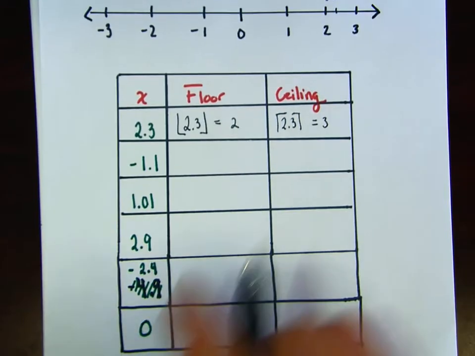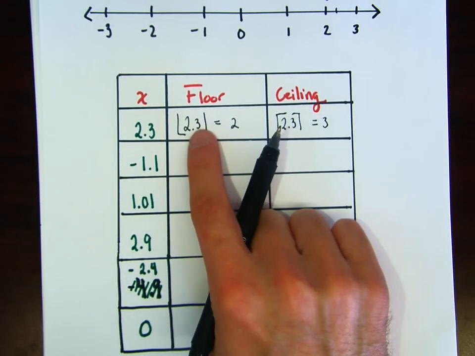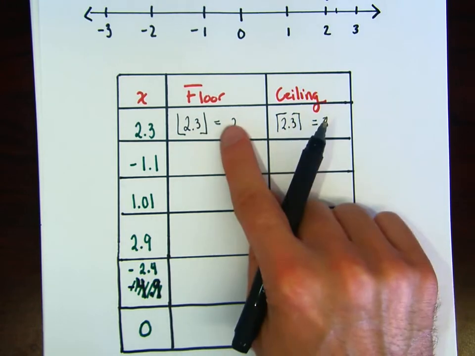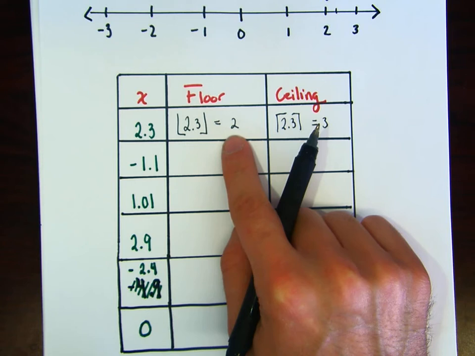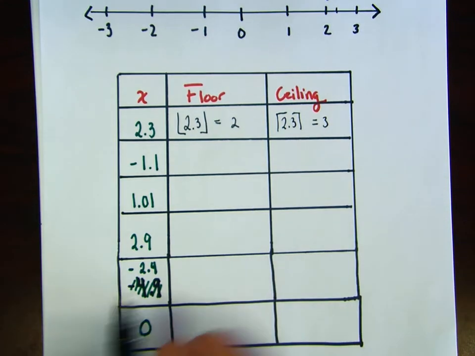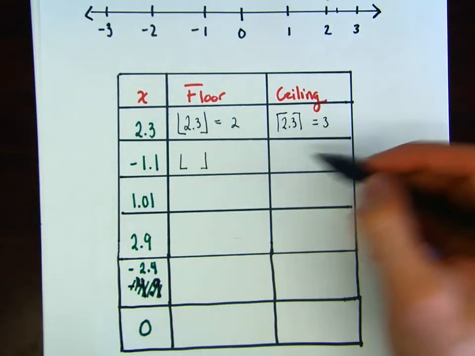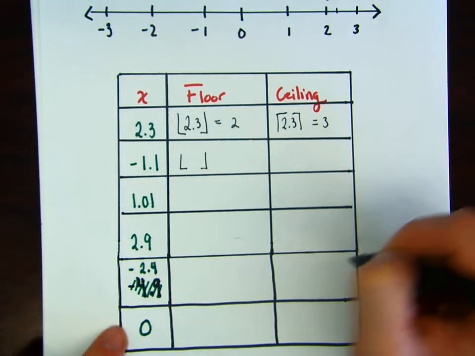And that's all it really does. Basically it takes any number and either rounds it down or rounds it up to the next integer. So why don't you pause the video and take your time and find the floor of each of these values and the ceiling for each of these values.